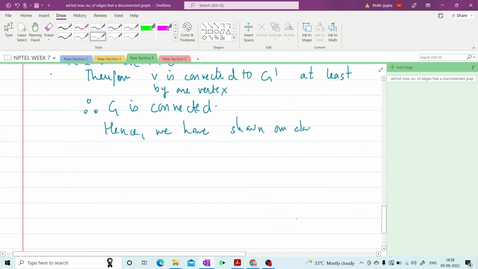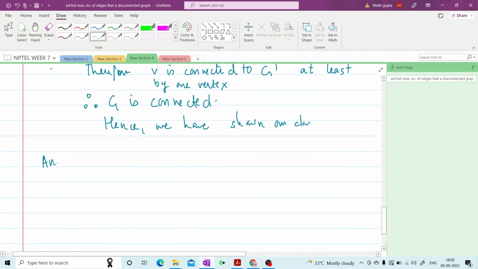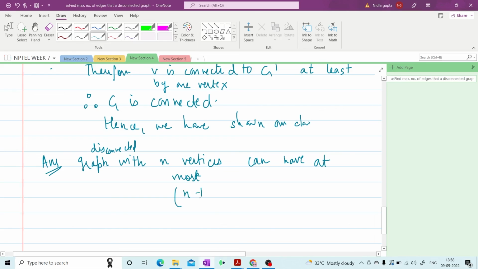And once we have shown our claim, we have shown that the answer is: a disconnected graph with n vertices can have at most n minus 1 choose 2 edges.